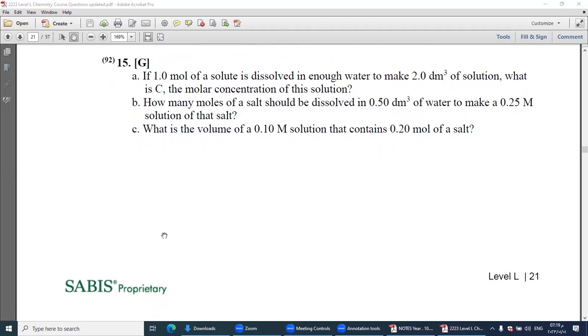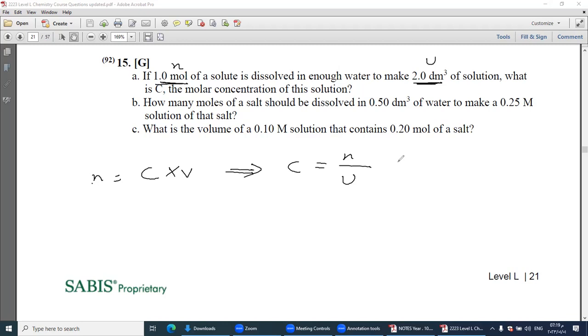What did it give here? 1 mole of solid dissolved in enough water to make 2 decimeter cubed of solution. What is the molar concentration of the solution? What do I have here? The number of moles, and here, the volume. We said number of moles equals concentration multiplied by volume, so to obtain concentration it equals number of moles over volume.